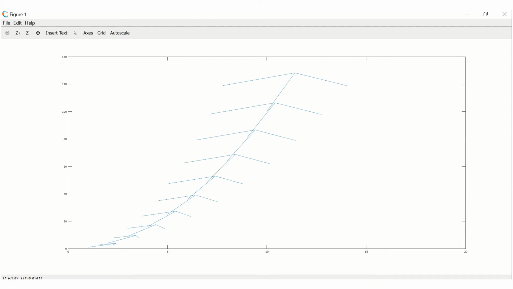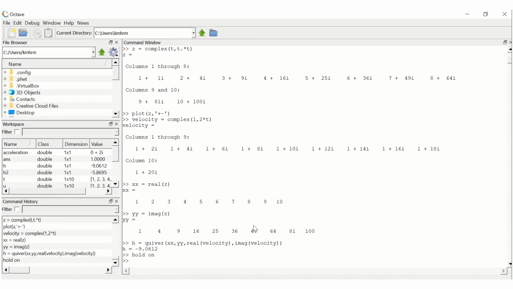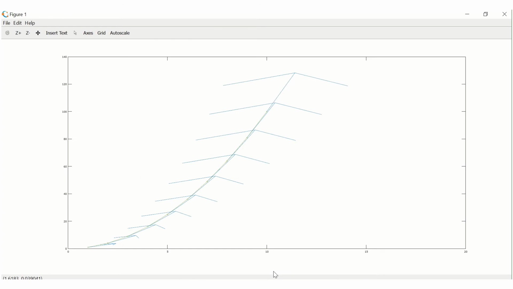Here we should also put hold on, and we plot again the z, the complex number or the vector. And here you have the green line. This is very fine, but this is the green line to represent the vector b equals ti plus t squared j.